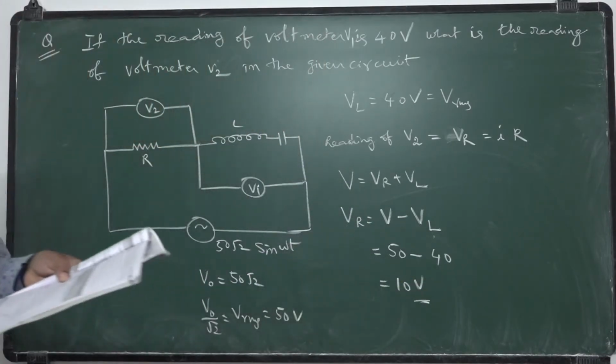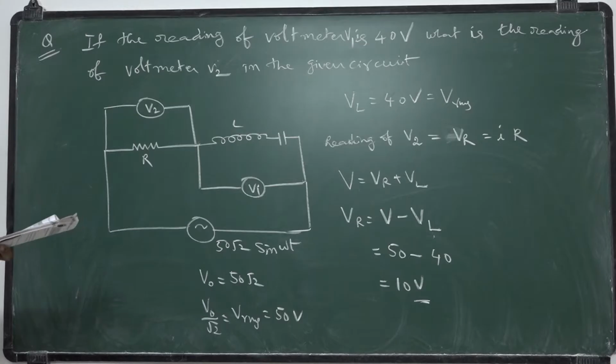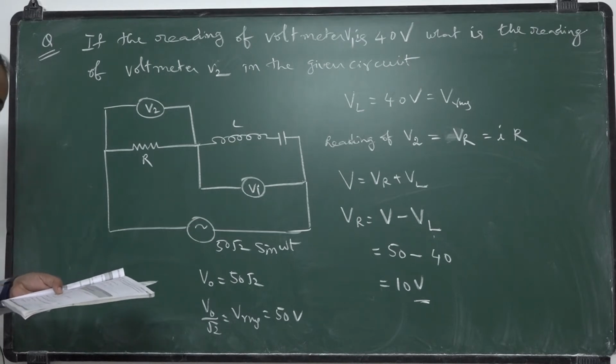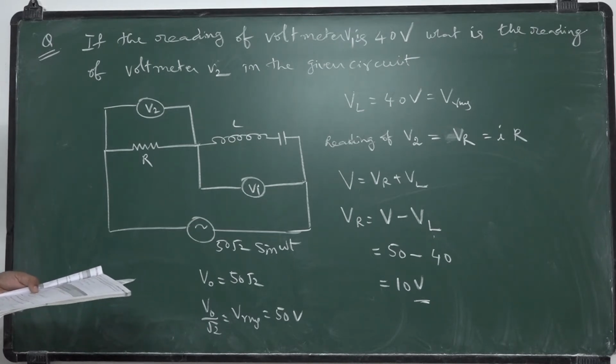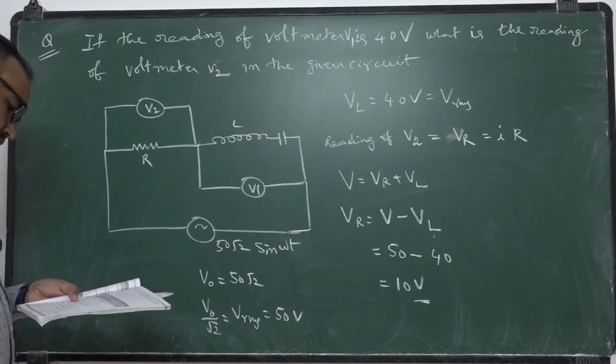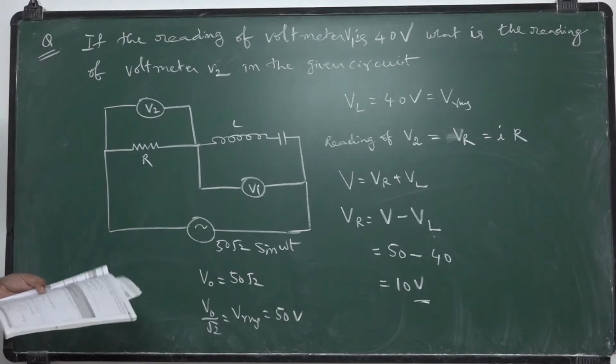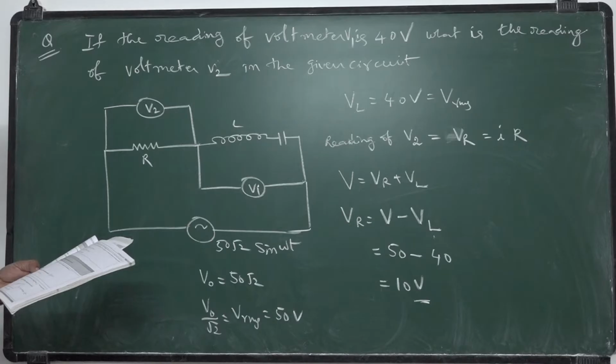Voltage across resistor is 10 volts. Am I correct? Generally, we do the problem like this.